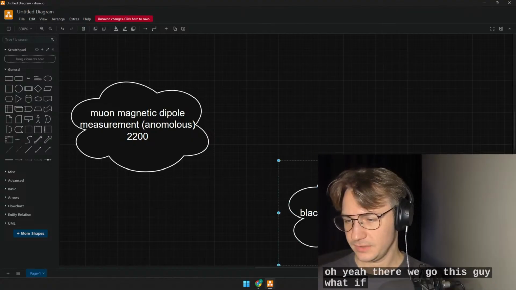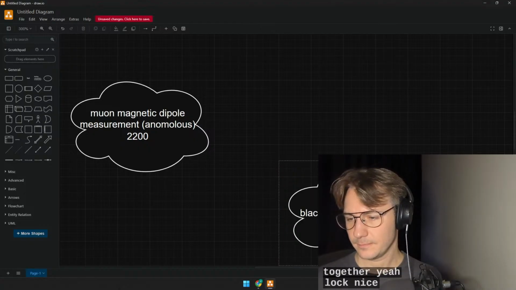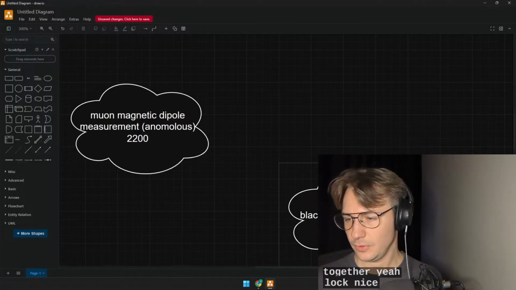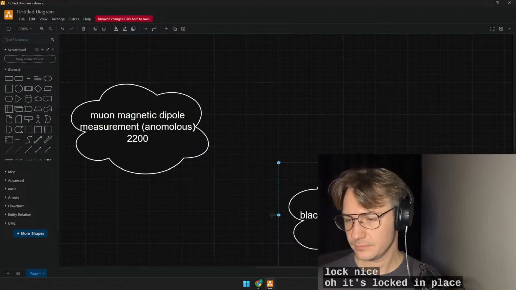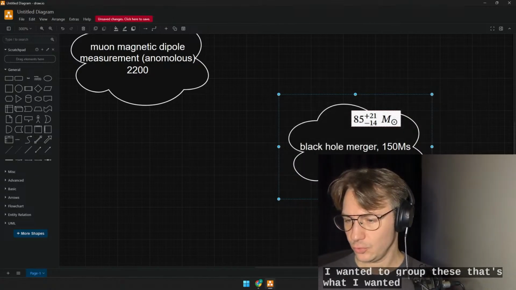What if we just lock these together? Yeah. Lock. Nice. Oh, it's locked in place. I wanted to group these. That's what I want. Group.